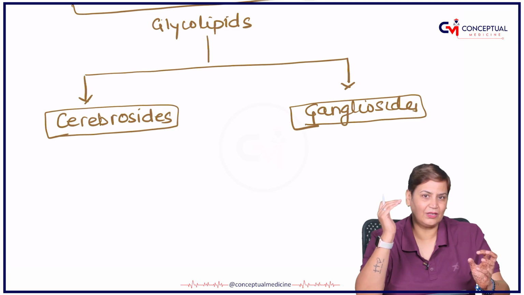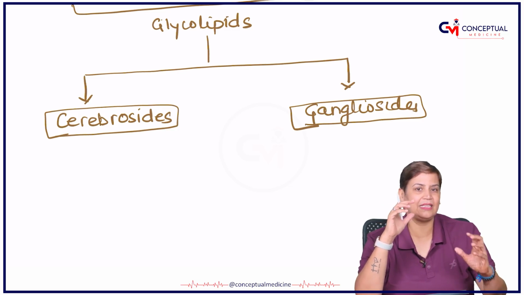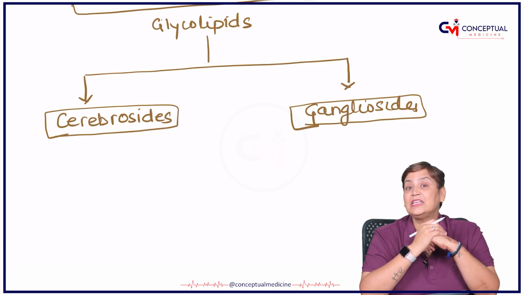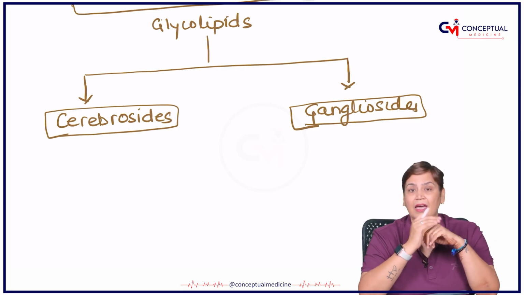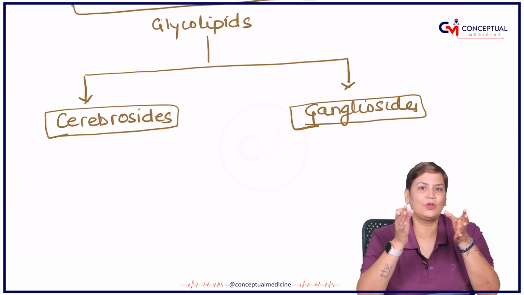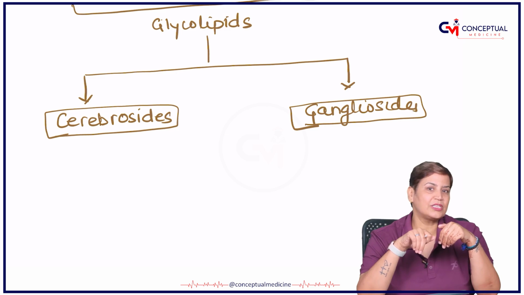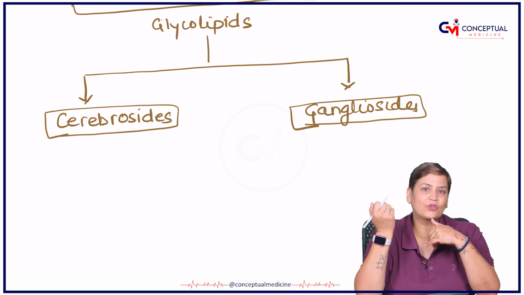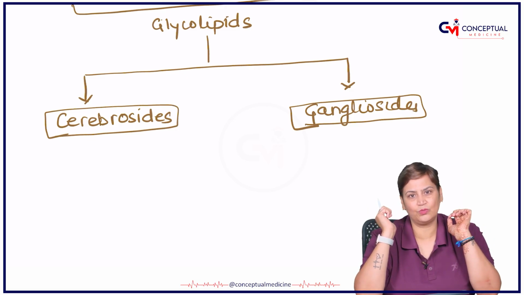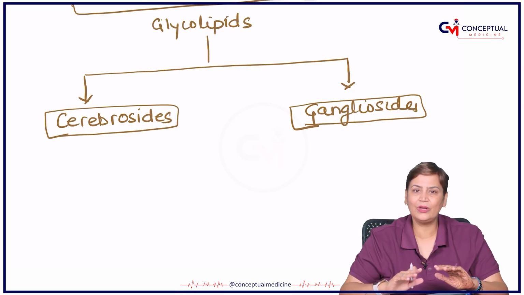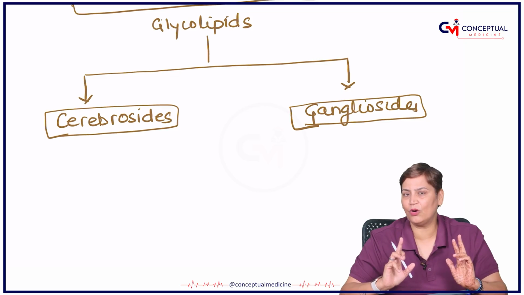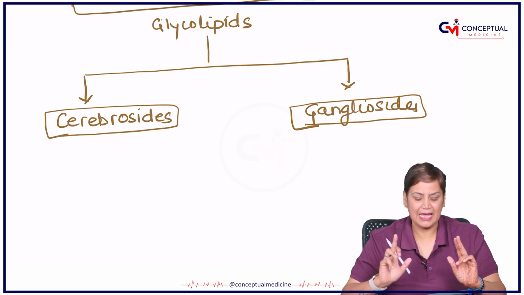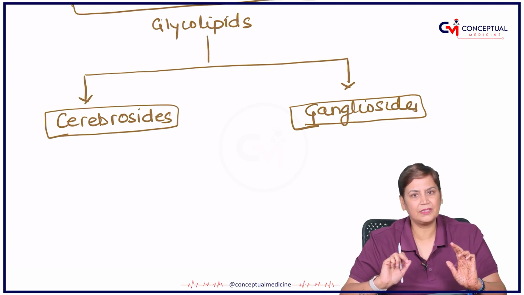Those diseases are known as sphingolipidosis. And in general, we call sphingolipidosis a lysosomal storage disorder which occurs due to the absence of the hydrolysing group of enzymes in the lysosomes. Okay, but this video is just about the chemistry of phospholipids and the glycolipids.